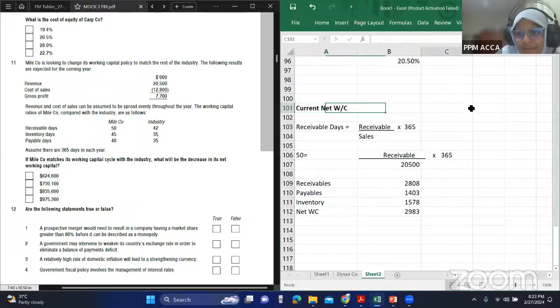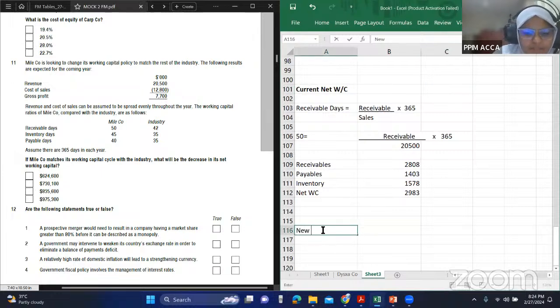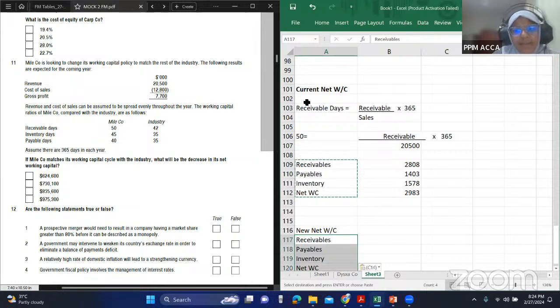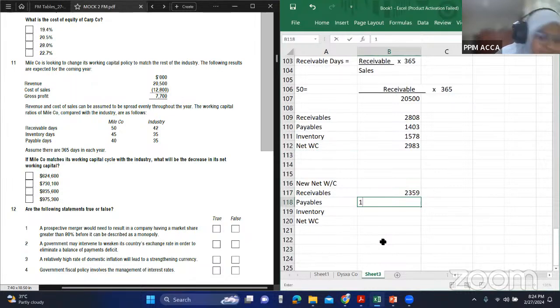You should get another figure for new as well. So I'll just give you the figures. New net working capital. So how do you calculate the new one? Basically, same equations, but this time you will use the industry figures, 42, 35, and 35. So when you put the industry days into the different calculations, you will get 2,359, 1,227, and inventory also will be 1,227.